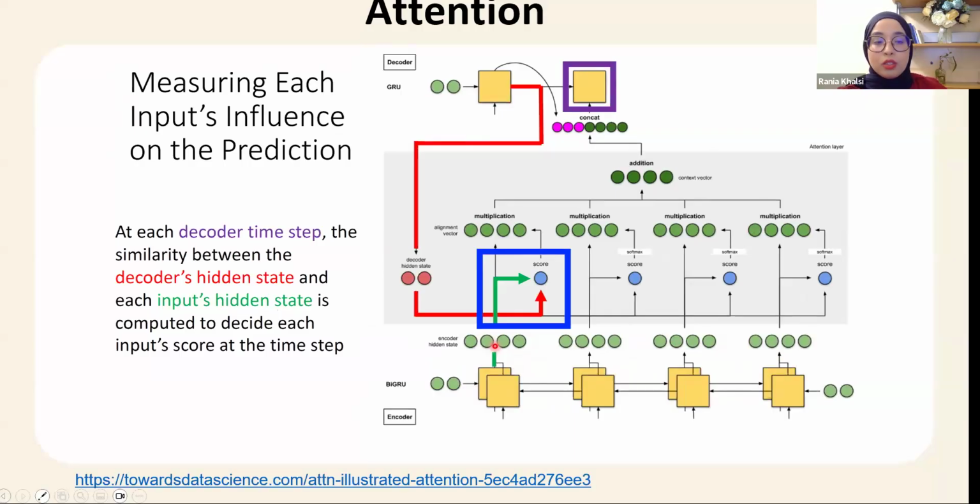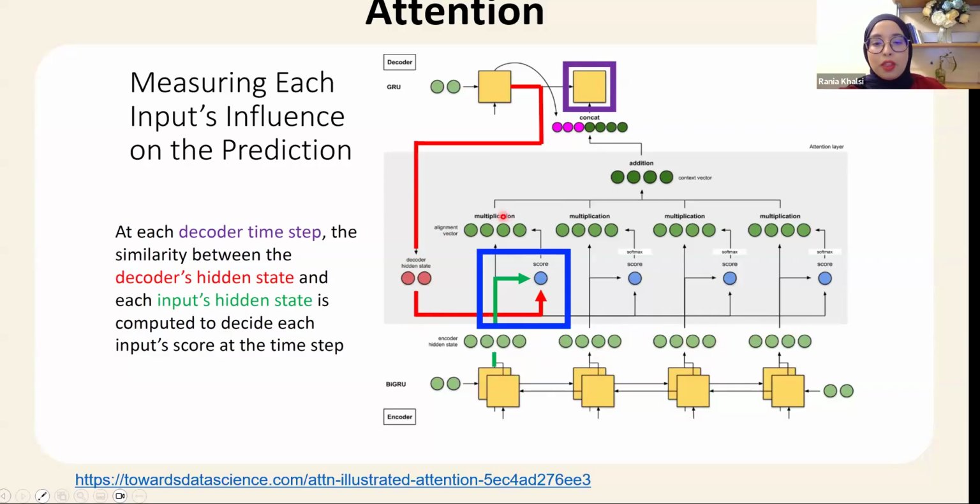Let's move forward. Suppose now that we have our input already embedded, and there's no problem with these embeddings right here. What we need to focus on is the decoder part, given that we already obtained the encoder hidden states. Once these hidden states are produced, we move to the next level.